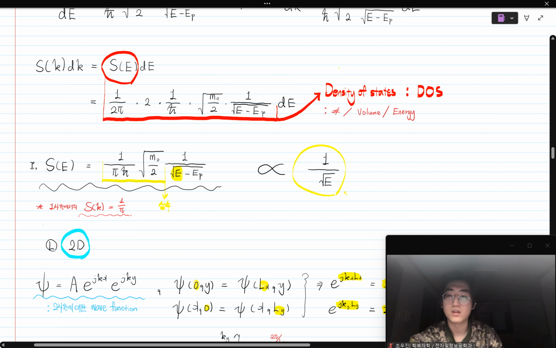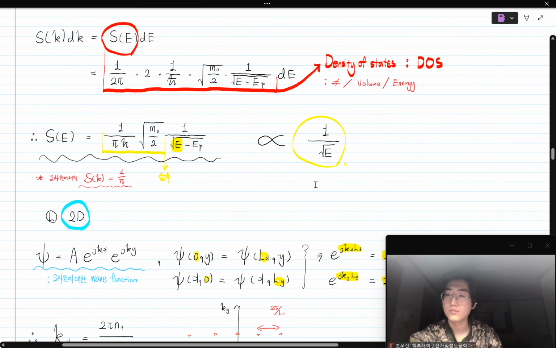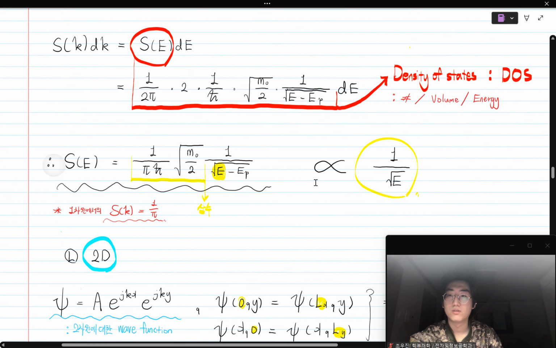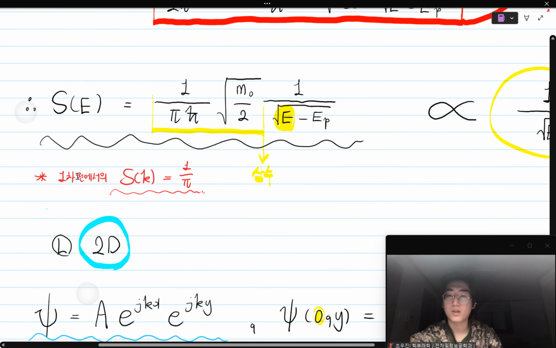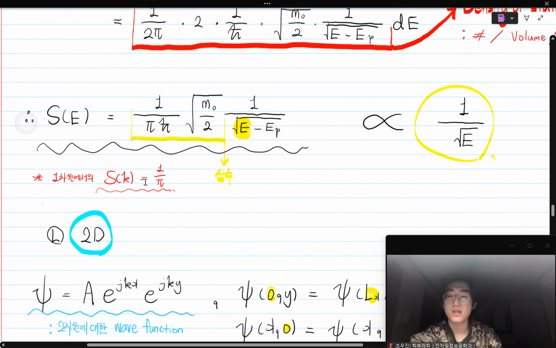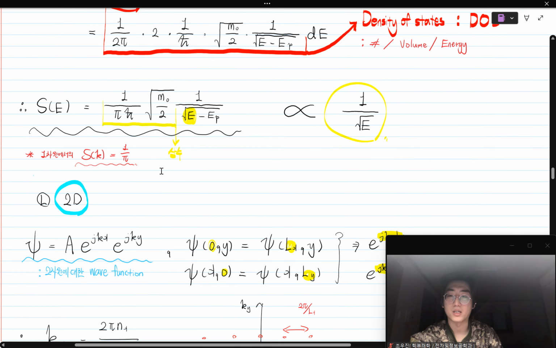This SE varies with 1 over root E. You can see SK in one dimension is 1 over pi.